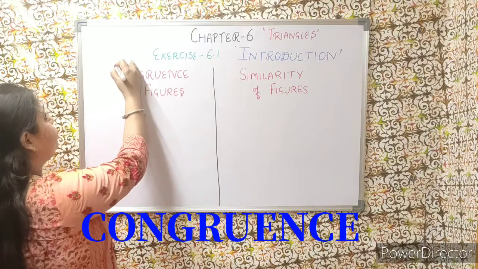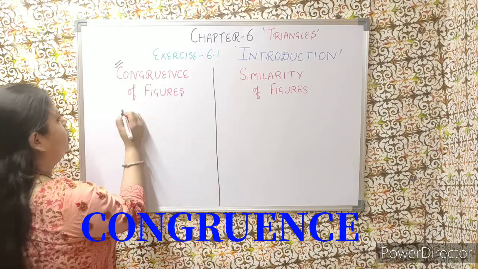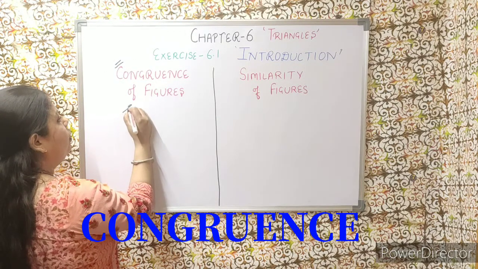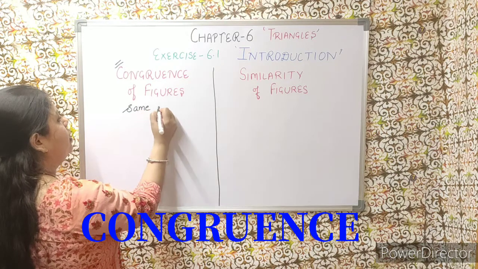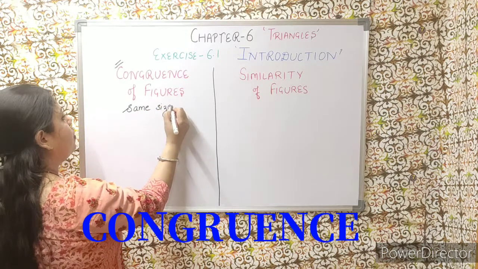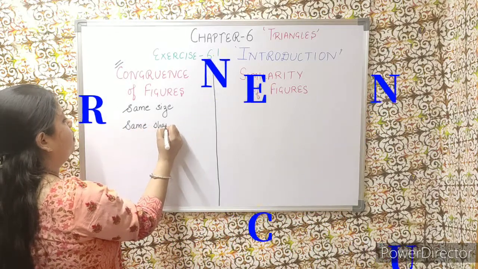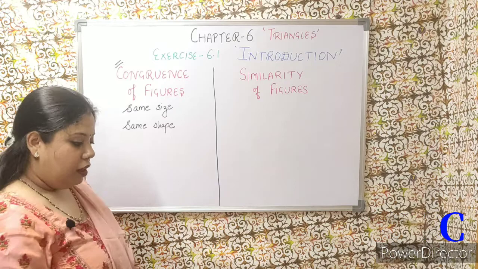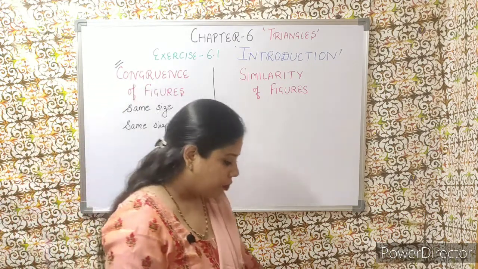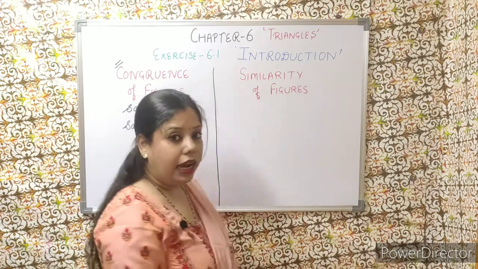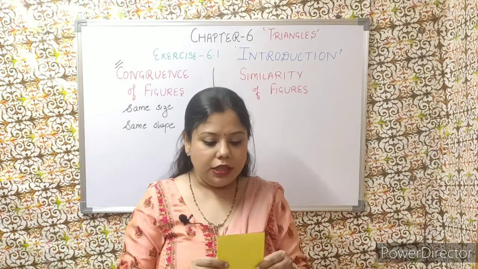Congruency means when any two figures have the same size and same shape. What does it mean? Let us understand it with some examples.